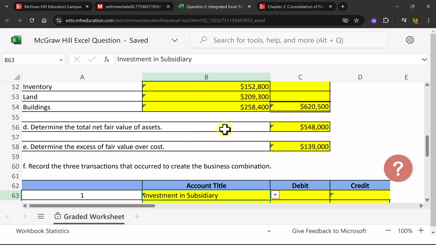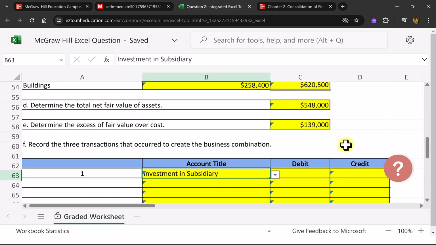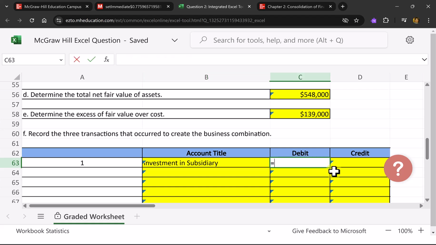Net value here. So let me grab that. Equal. Now, I think that's the only debit. Again, if we had goodwill, goodwill would also be a debit, but that's not the case. Just the opposite with a bargain purchase gain here.